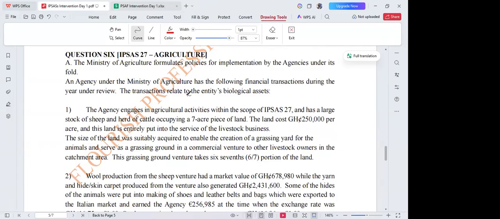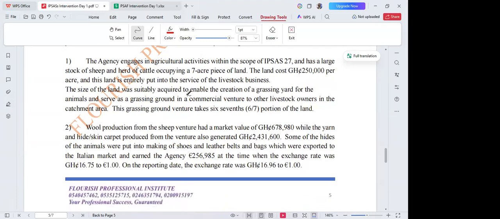The transactions relate to the entity's biological assets. One, the agency engages in agricultural activities within the scope of IPSAS 27 and has a large stock of sheep and herd of cattle.